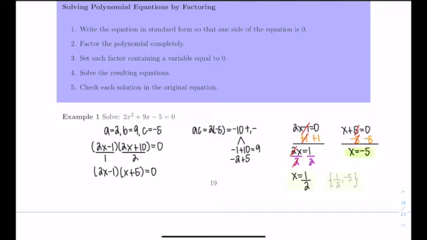So our two answers are -5 and 1/2. You can also see these written in a set of curly braces. So you might see 1/2 comma -5 inside curly braces.